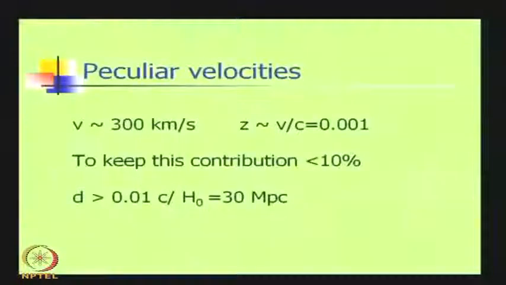The basic problem in determining the Hubble parameter lies in the fact that you have peculiar velocities, and the notion of a peculiar velocity is something new. So, let me spend a little time discussing this.